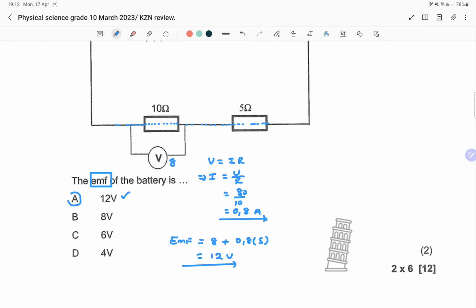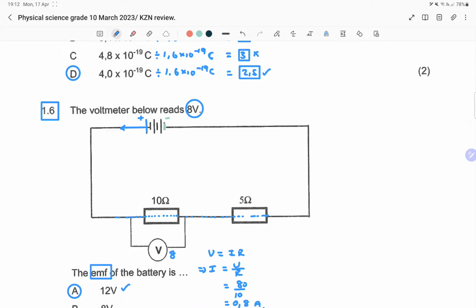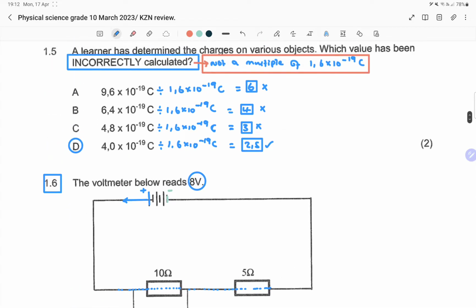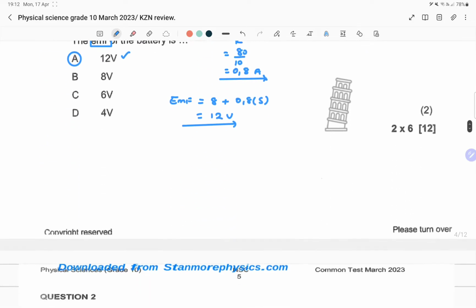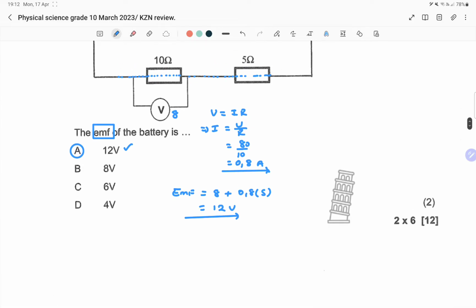Again, these are some of the questions you cannot answer without some form of a calculation. You cannot guess the answer, and there's no sense in trying to explain other answers here because they were not at all candidates. Great stuff, not a problem. So this is how you could get those 12 marks.